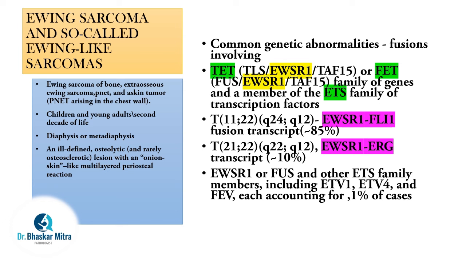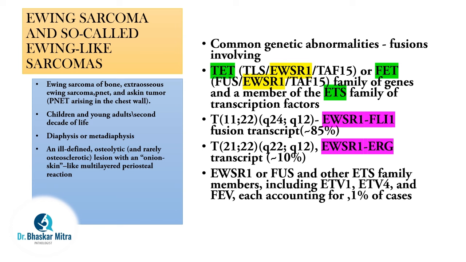Most commonly we find the EWSR1 gene and the ETS family of transcription factors. Among these, FLI1 is the most important. In 85% of cases we found the EWSR1-FLI1 fusion transcript, followed by the EWSR1-ERG transcript group.